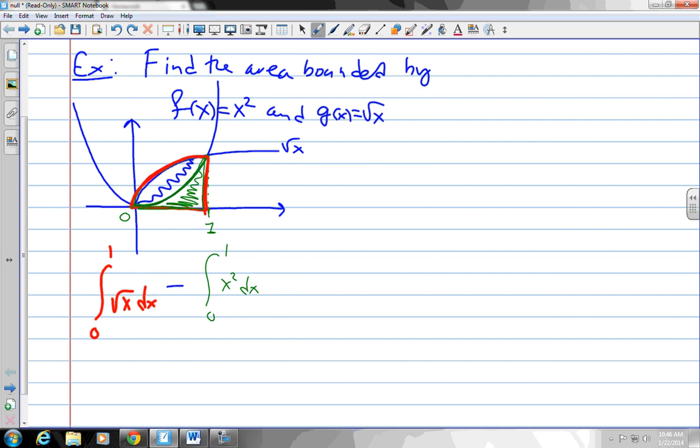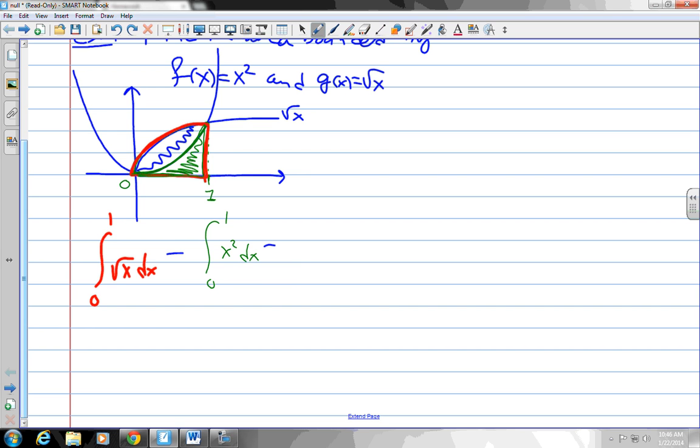You can just combine it into one integral, because integration is linear. And really, that's what we're going to end up with. This is the outer function, the function on the outside, and this is the function on the inside. Subtract small from big and integrate.